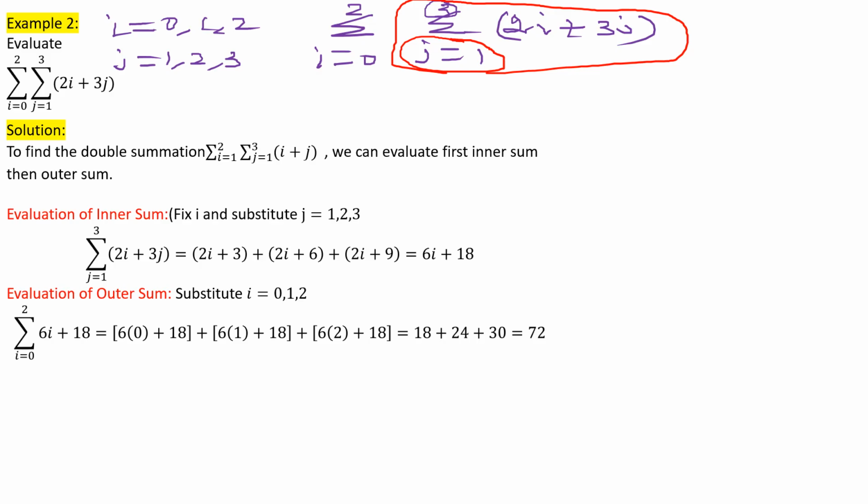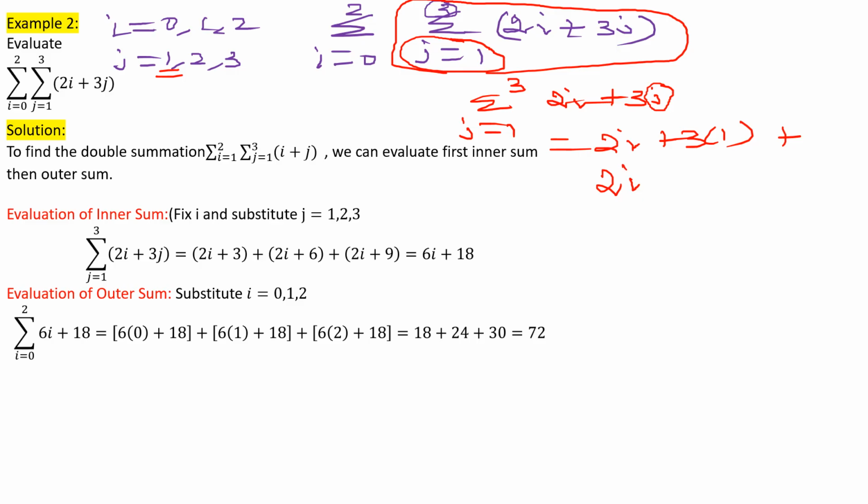Let us begin to calculate the inner summation: sigma j = 1 to 3 of 2i + 3j. I replace j by 1, so 2i + 3 times 1, then 2i + 3 times 2, then 2i + 3 times 3. Now you have to simplify.